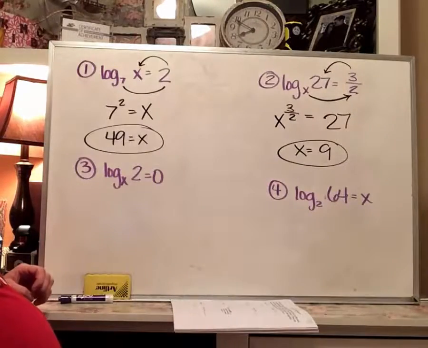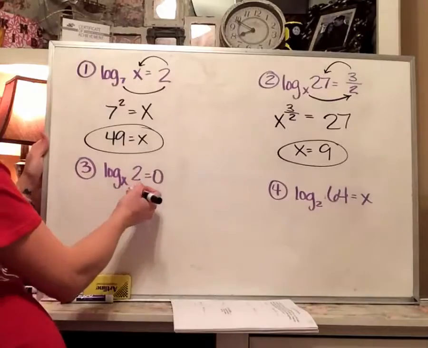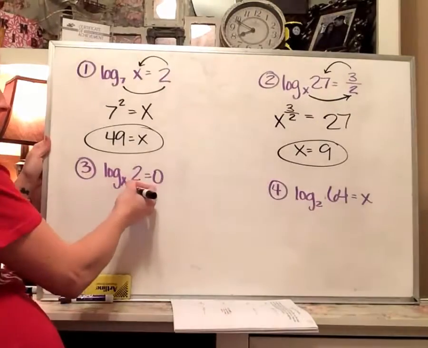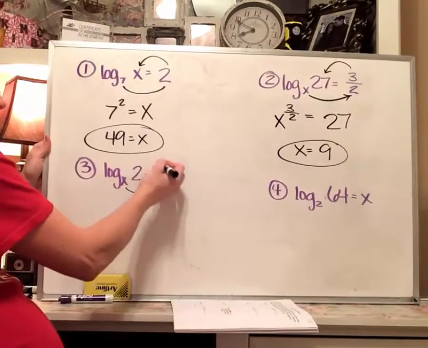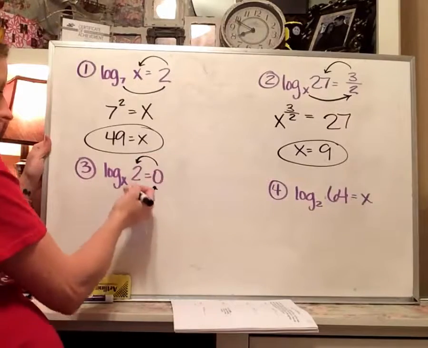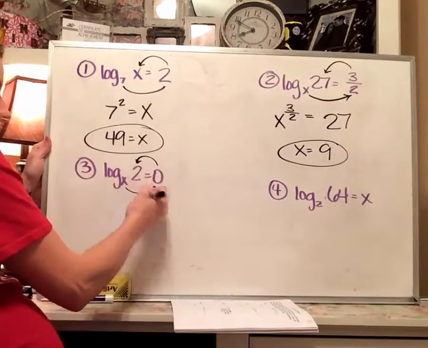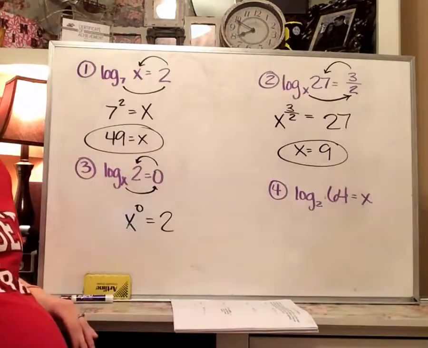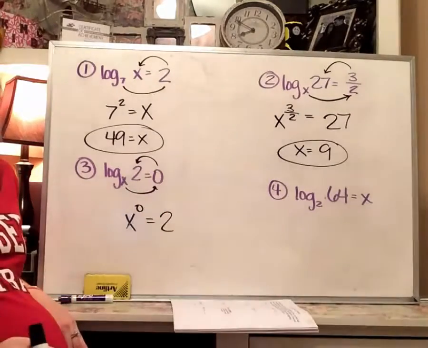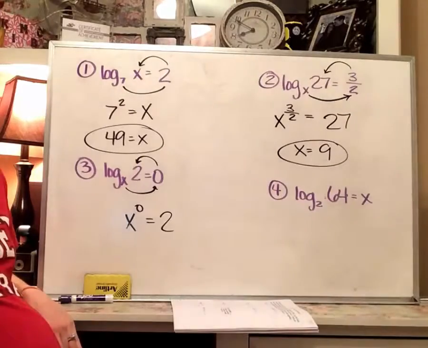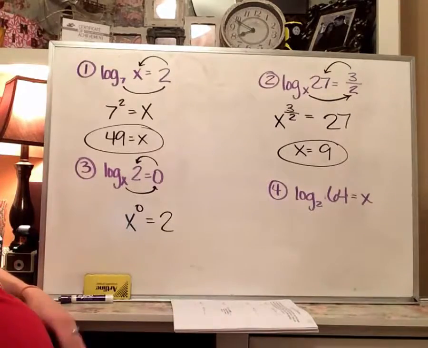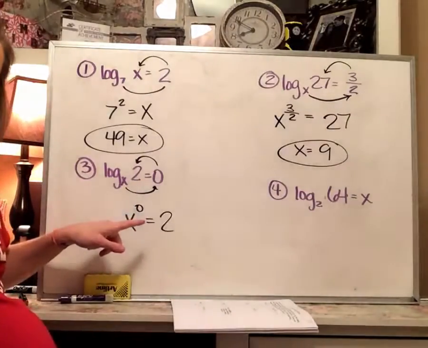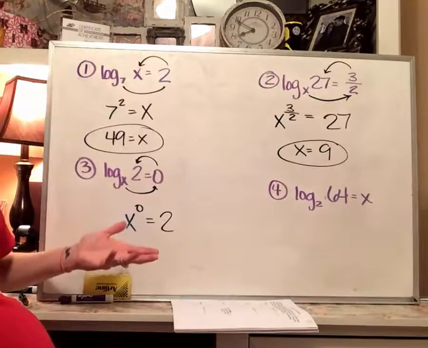Make sure I'm right. But it should equal 27. Okay. Next one is number 3. So we're going to change it to exponential form. X to the 0 power equals 2. So start with your base, move counterclockwise, and we want to figure out what x is. Now, you're going to have to think. You can start putting in numbers for x, but think about this. Anything to the 0 power gives you what?